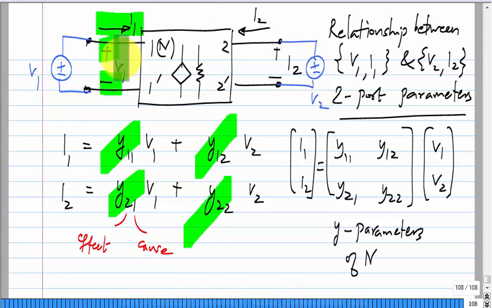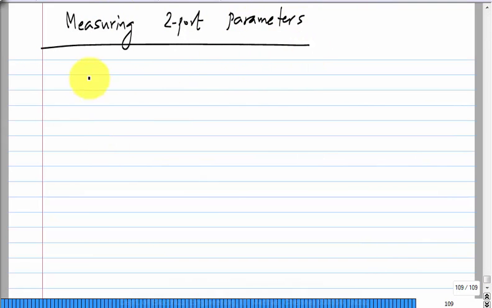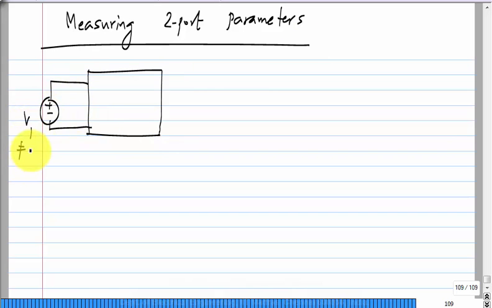V2 is 0, yeah. No, if you are terminated in a short circuit, no voltage can develop. So, remember, you always have to measure the currents in this direction.